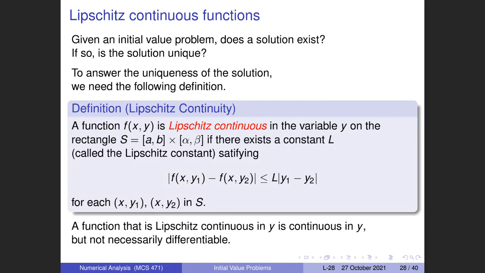There needs to be a constant such that the difference in two function values of the right-hand side f is bounded by the difference in the y value. And we look over a bounded domain, a rectangle S.